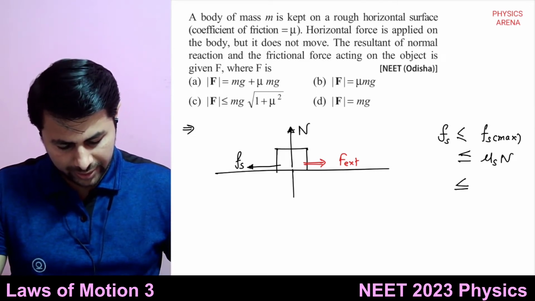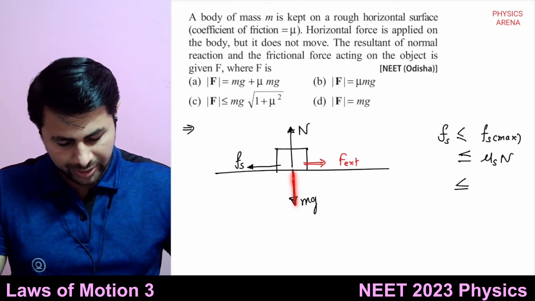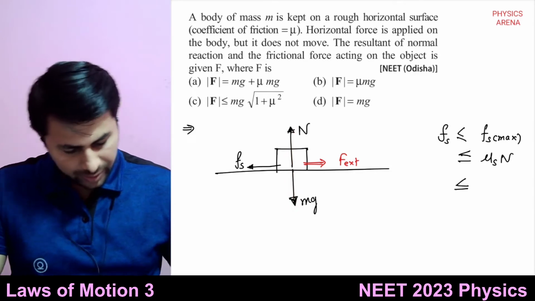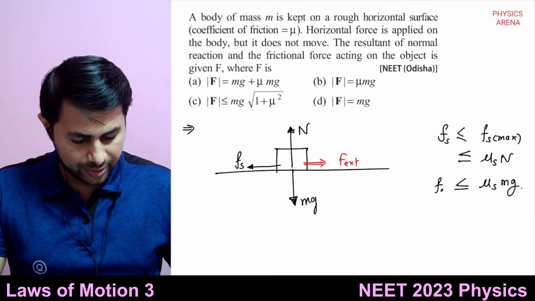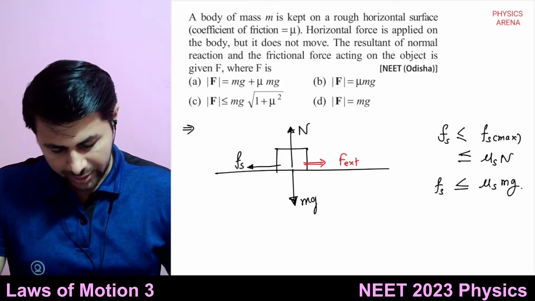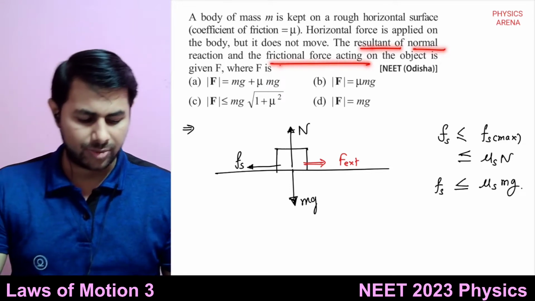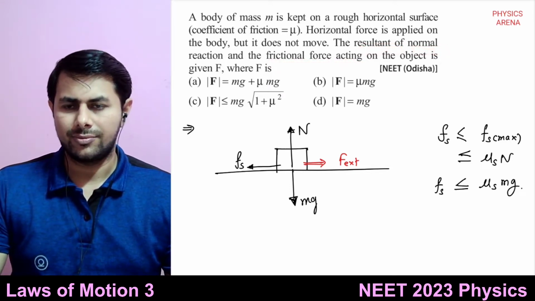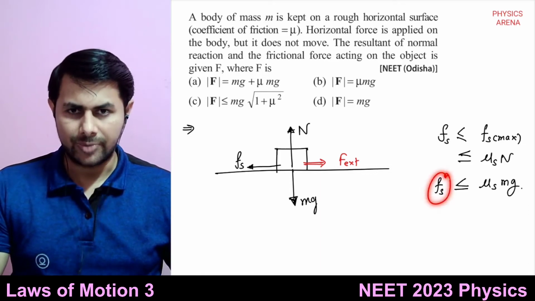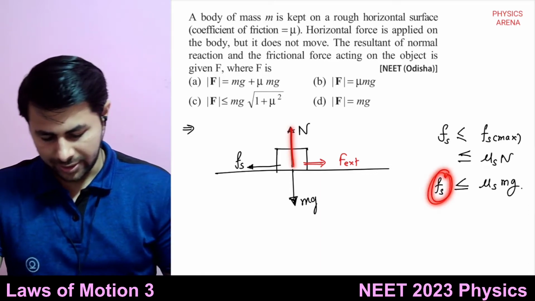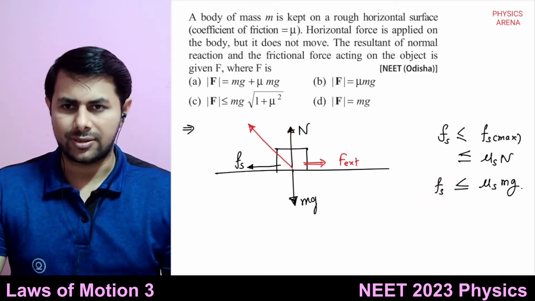So this is N, this is mg, and mg balances normal reaction. So Fs is less than or equal to mu s multiplied by mg. This is the frictional force. And the question is, what is the resultant of normal reaction and the frictional force? It is the total contact force. Option C. Yes, option C is the answer.